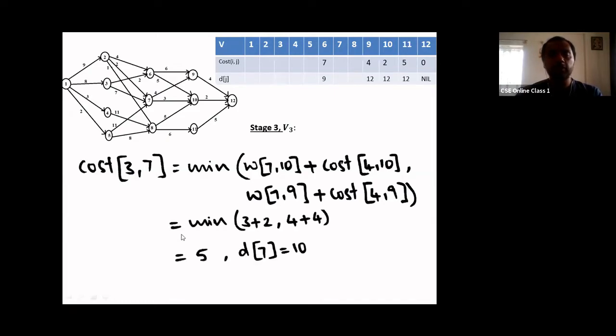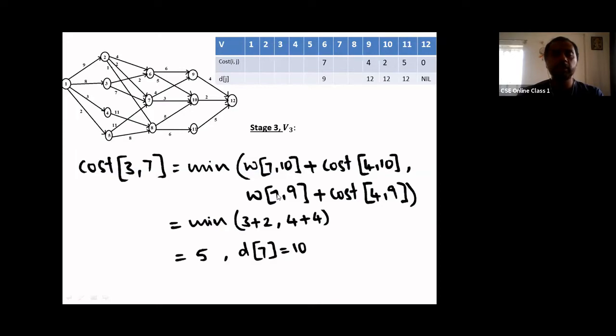So 7 to 10 is 3, plus 4 to 10, which is 2, so 3 plus 2 is 5. Then same way, 7 to 9 is 4, 4 plus 4 is 8. So the least value is 5. Which connection is 5 originating from?